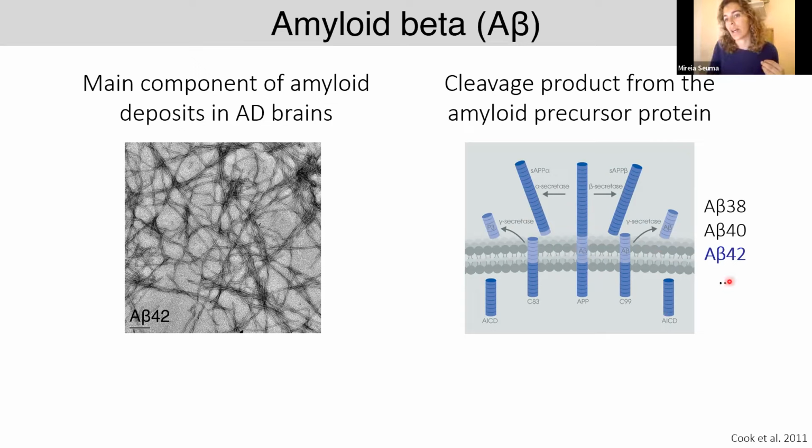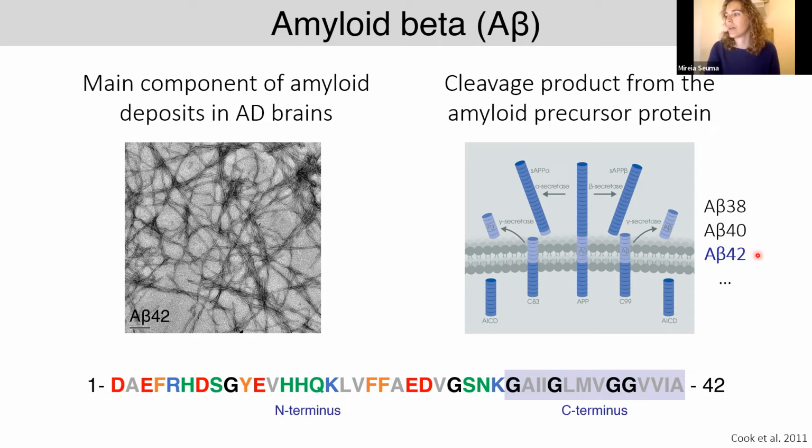So in our body, we have different isoforms, and one of the most famous is A beta 42, which is the one that we are taking here as our wild type. This has 42 residues, and the last 14 residues are all glycines and hydrophobic amino acids. For simplicity, I will call this part of the peptide the C-terminus, while the N-terminus, the first part of the peptide, is full of positive and negative charges and also polar amino acids.